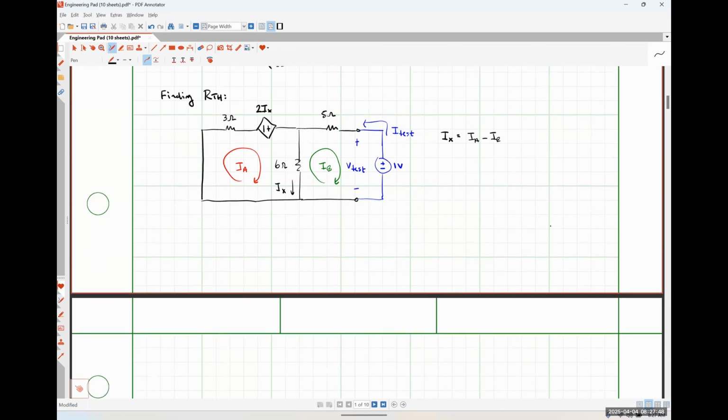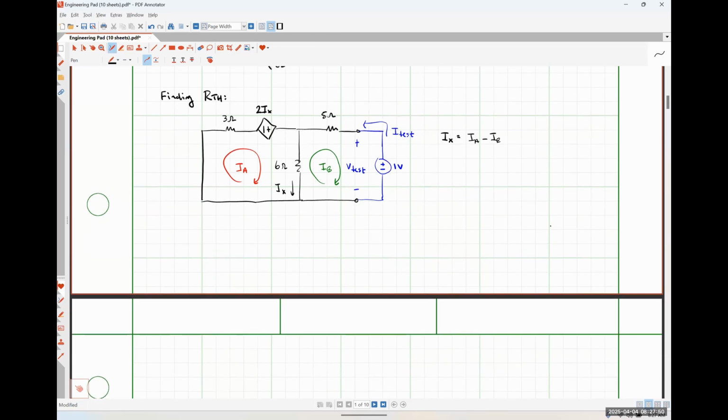Now we're just going to write our KVL around mesh A and our KVL around mesh B. This is going to look really similar to what we did to find our Norton current. So we're going to have 3 ohms times IA minus 2IX plus 6 ohms times IA minus IB is equal to 0.